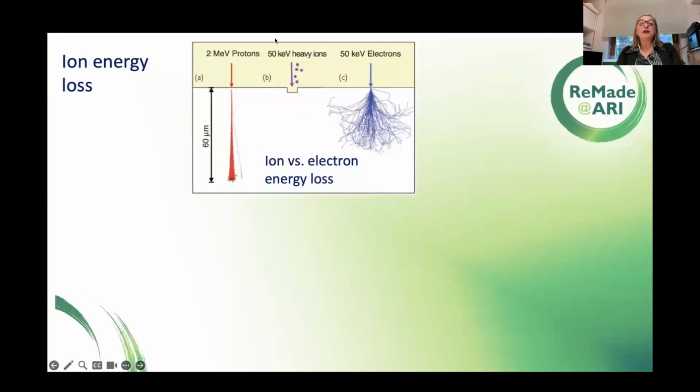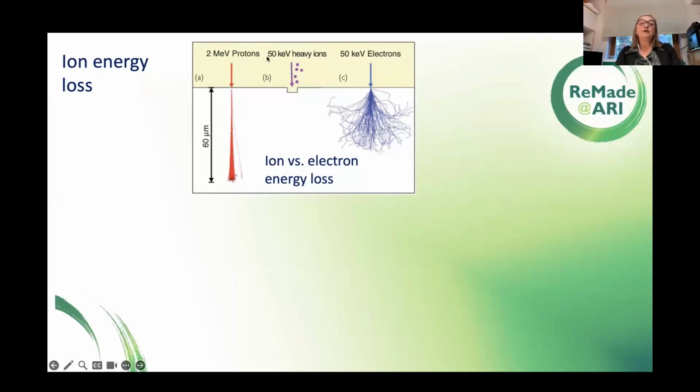Also, it's nice to compare how protons look, how the path looks in the sample, compared to heavy ions and to electrons. Electrons, immediately after they enter the sample, will spread because of many electron-on-electron scatterings in your sample.